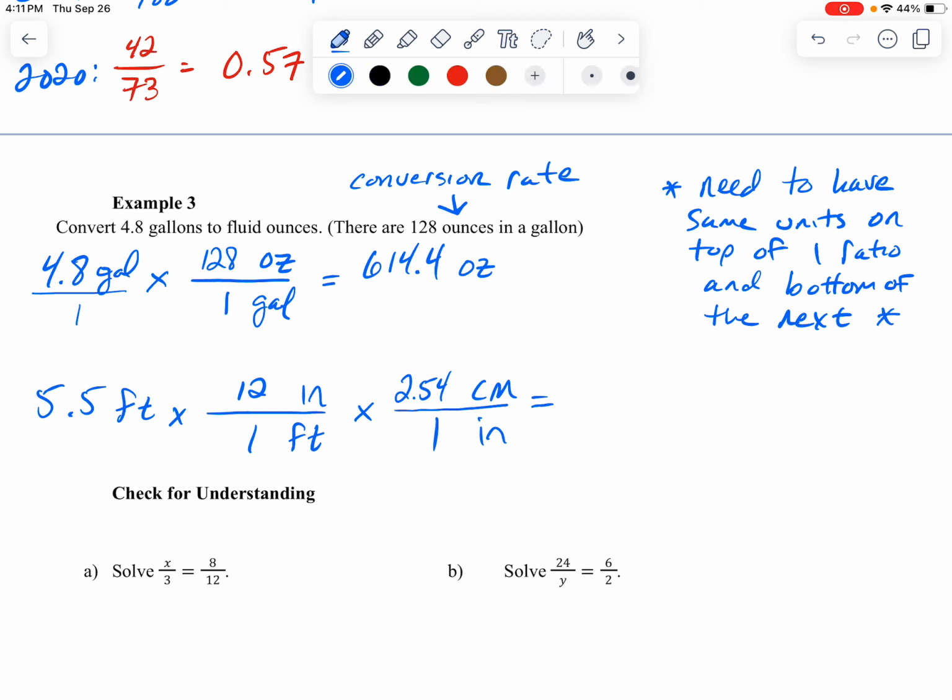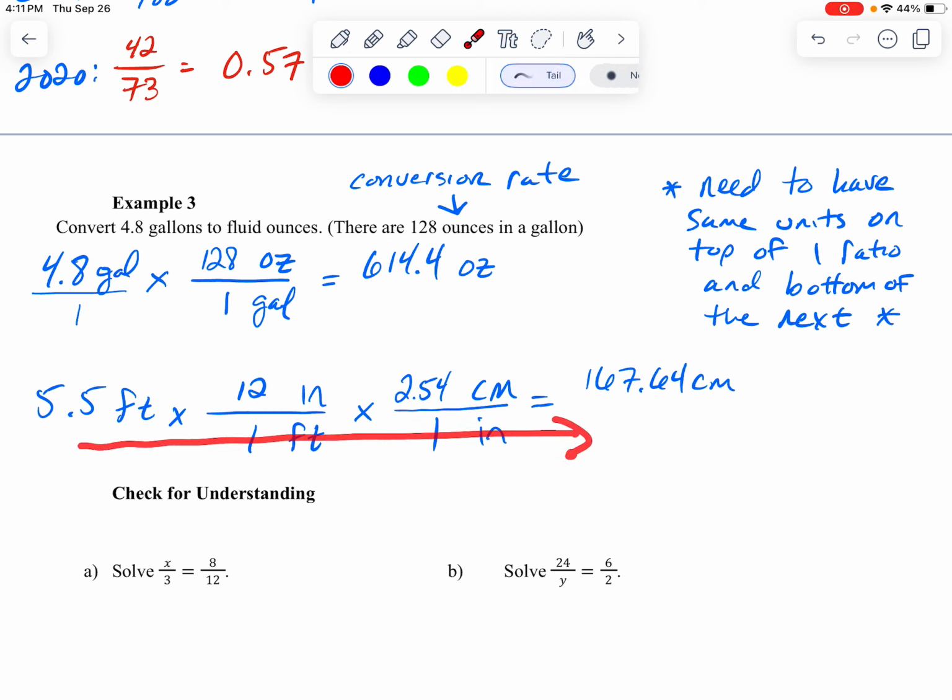And I end up with 167.64 centimeters. If I did have numbers on the bottom, though, this would just create a fraction with whatever's there, and I may need to divide one more time. But it's always the same format. Get your units in the right place, write in your conversion factors, and then just multiply it out.